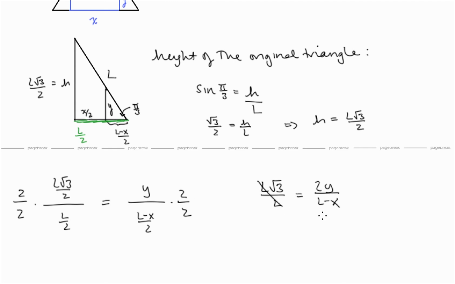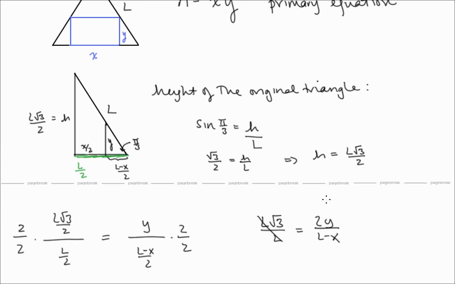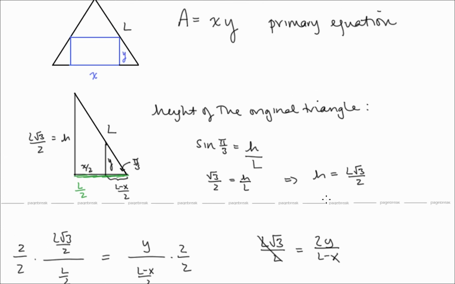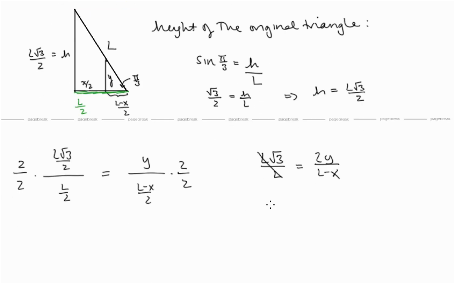Remember, what we're trying to do here is get, say, y as a function of x so that we can get our area function just in terms of one variable. So here we have radical 3 times (L minus x) is equal to 2y, and so y is equal to radical 3 times (L minus x) over 2.